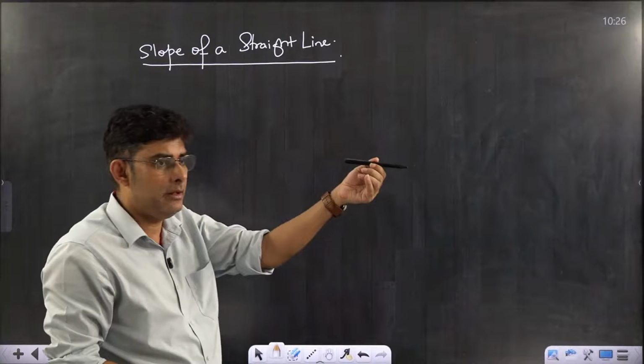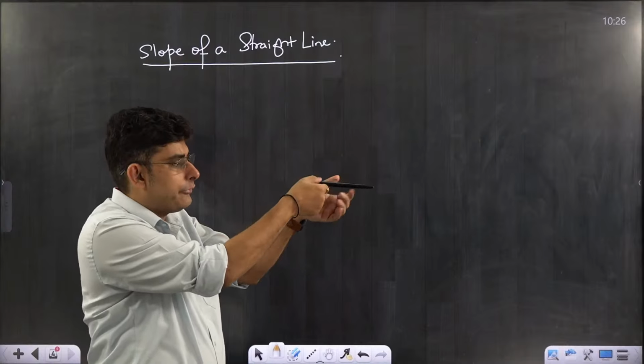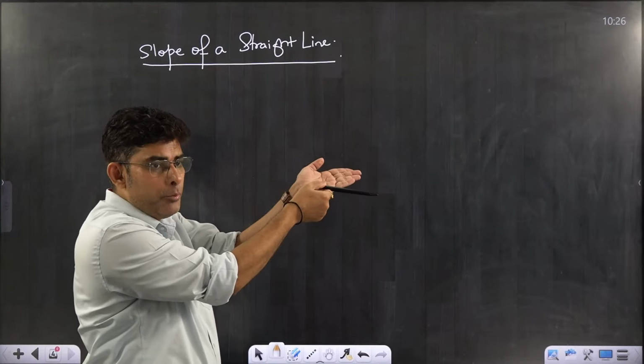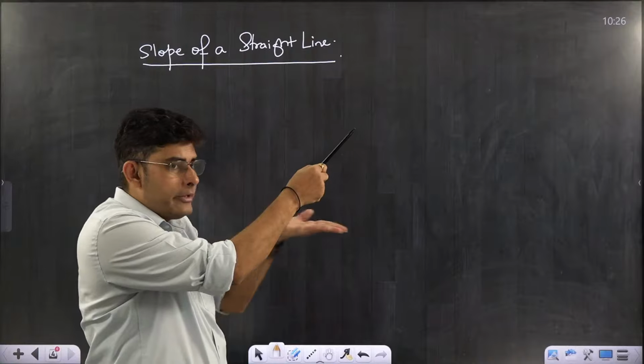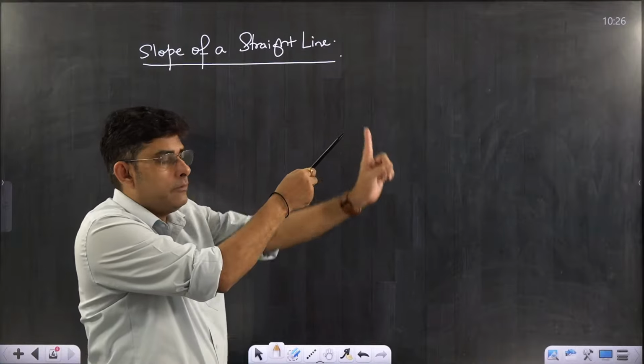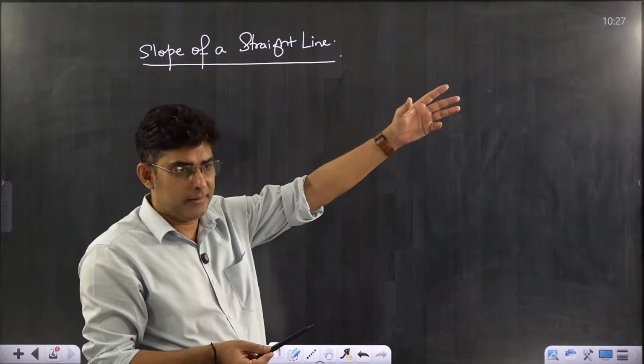Suppose this pen I am keeping horizontal. Now if I want to give it a slope, like you go to hills, you are driving on a flat road, when you go to hills, the road will become like this, it rises up. So when you are moving horizontally, and then vertically, you are getting slope. The reason why we use tan theta as slope is simple. We use the word slope in English pertaining to hills.